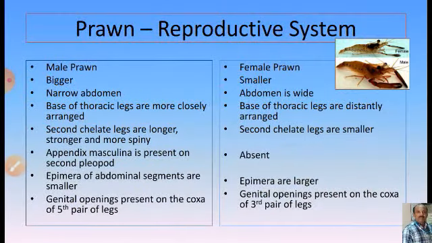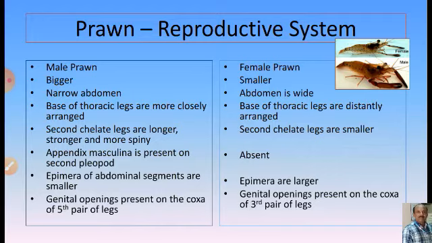Now coming to the prawn reproductive system. As I said earlier, it is a unisexual animal. That means it shows sexual dimorphism, and male and females can be differentiated clearly by some characteristic features.